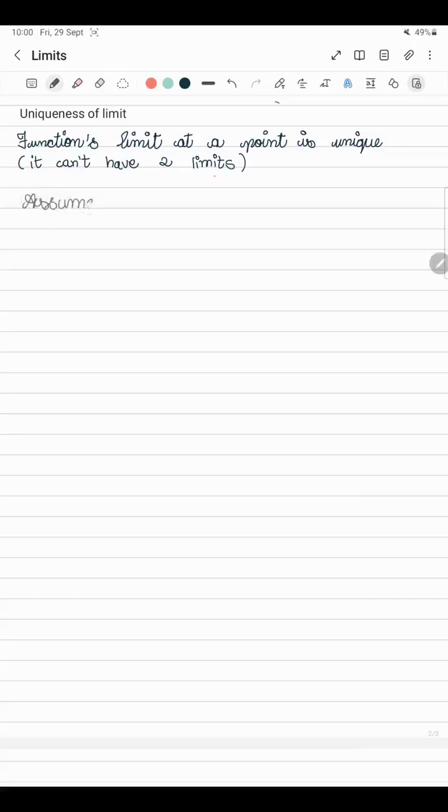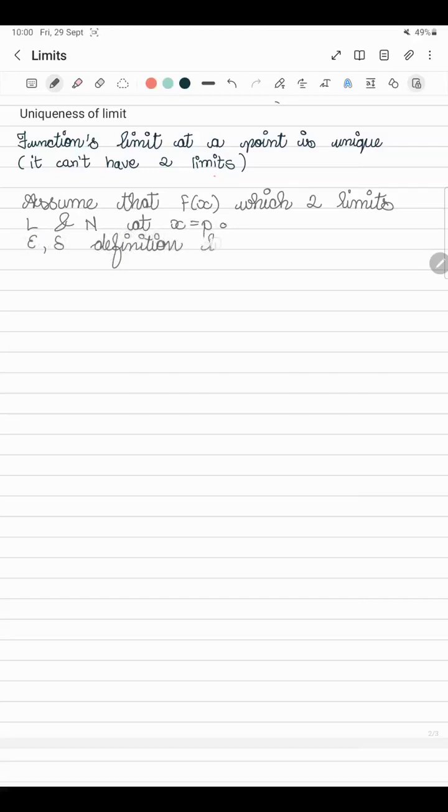So we are assuming that there is a function f of x which has two limits, L and n, at x equal to p. Now we apply the epsilon delta definition of limits to this point.